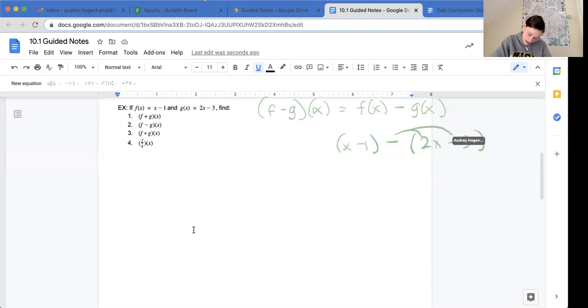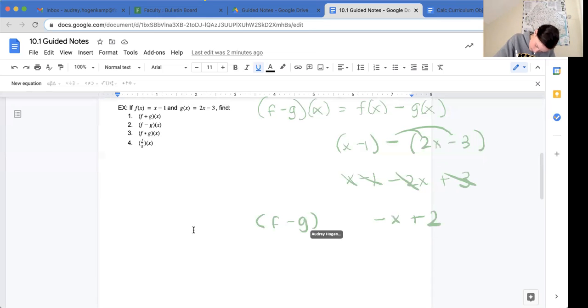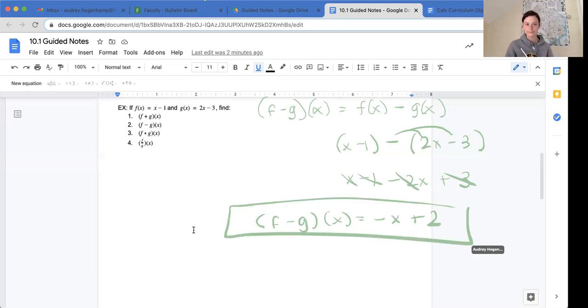So we distribute our negative and we get x minus 1 minus 2x plus 3. So x minus 2x is going to give us negative x. Minus 1 plus 3 is going to give us plus 2. So now we could say that f minus g of x equals negative x plus 2.